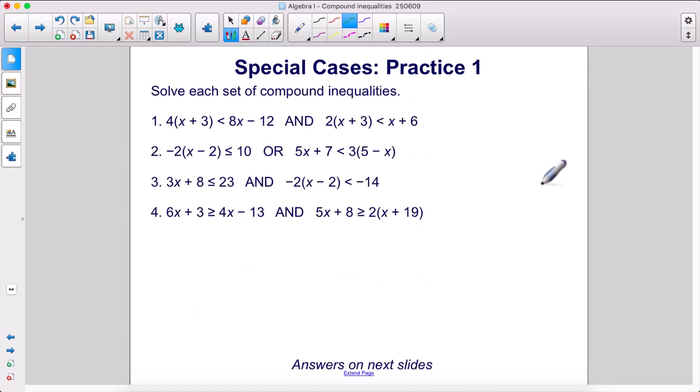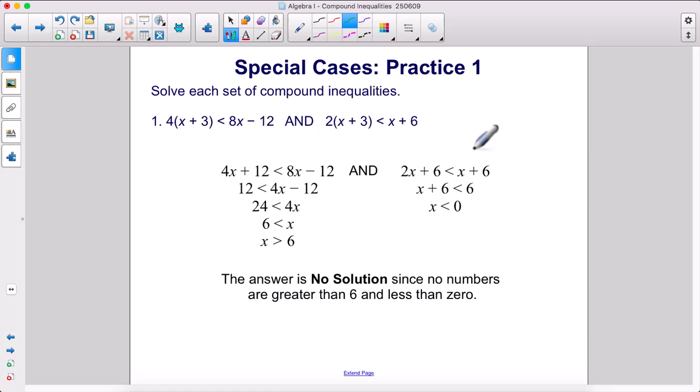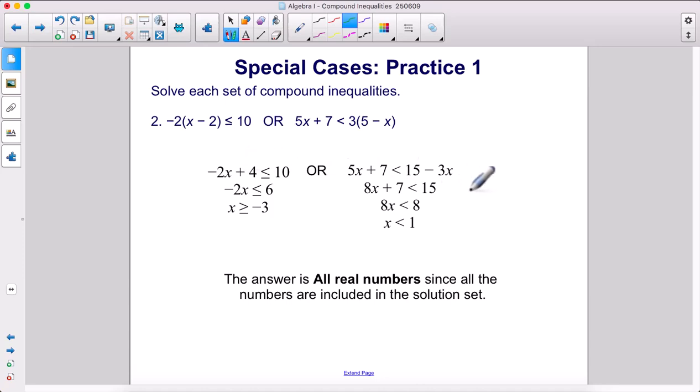Solve each set of compound inequalities. All right, here are the first two inequalities. When we solve the first one for x, we get x is greater than 6. And if we solve the second one, we get x is less than 0. However, there's no solution, since there are no numbers that are greater than 6 and less than 0. Here's the second set.